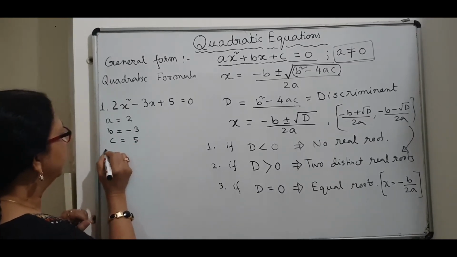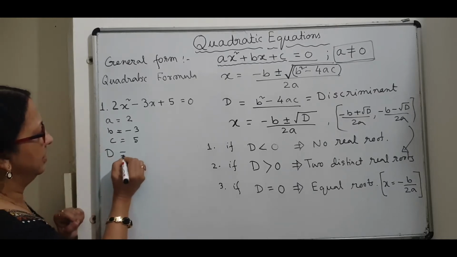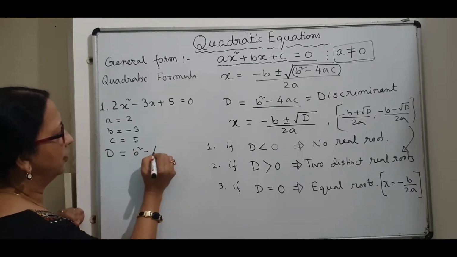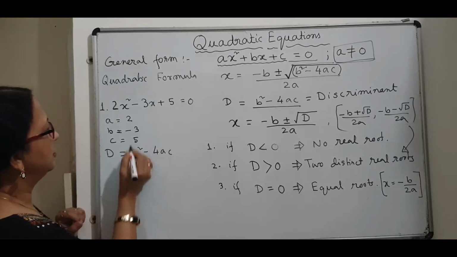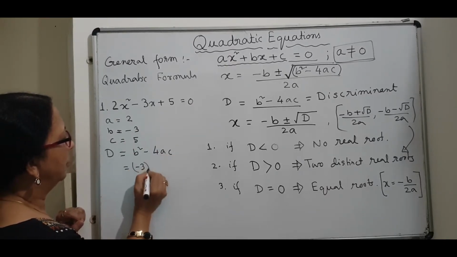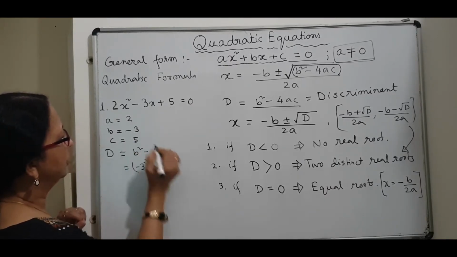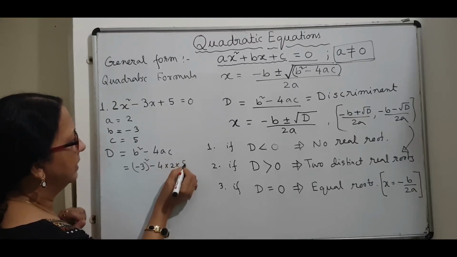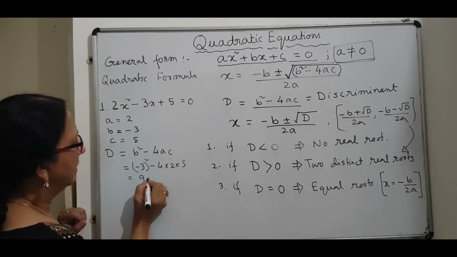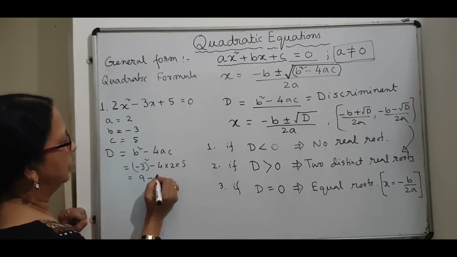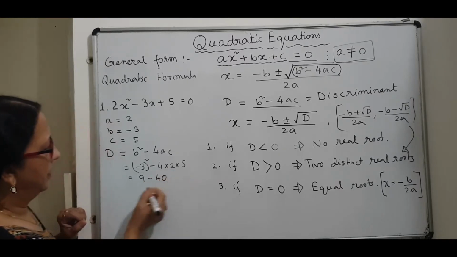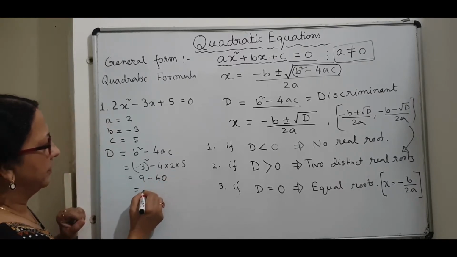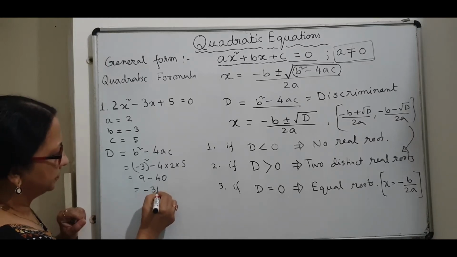Now we are in a position to find the discriminant, which is b square minus 4ac. Putting the values: b is minus 3 whole square, minus 4, a is 2 and c is 5. So it is 9 minus 40, which is obviously negative, minus 31.